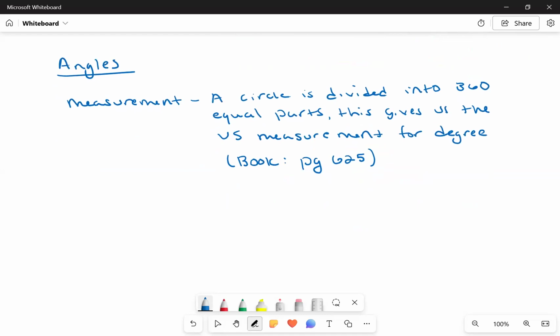Okay, so let's get some terminology out of the way, or actually, definitions, more definitions. There are a lot. Okay, so a right angle is an angle that measures 90 degrees.